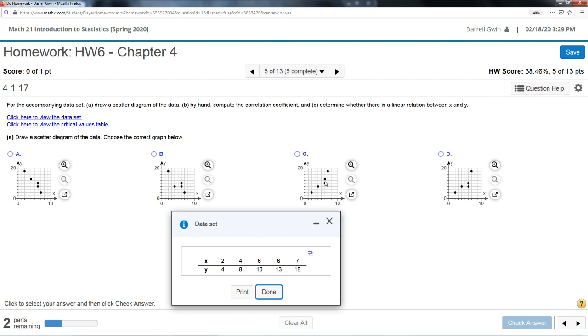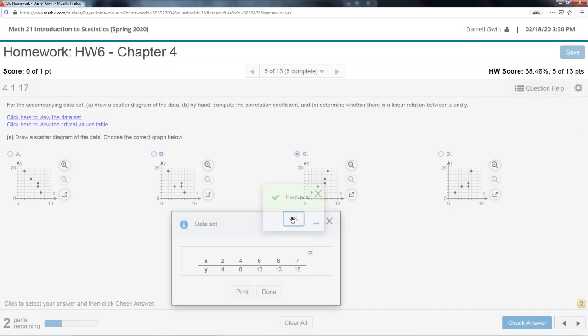It's going to be this dot right there. 1, 2, 3, 4, 5, 6. 6, 10, and 6, 13. That's 10. 6, 7, 8, 9, 10, 11, 12, 13. So this is correct. C. That's really close.